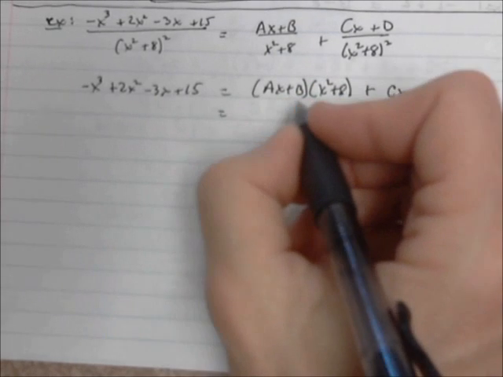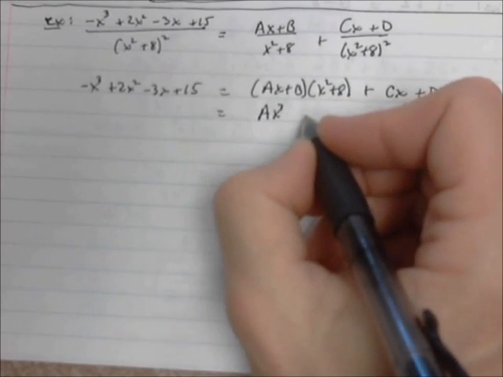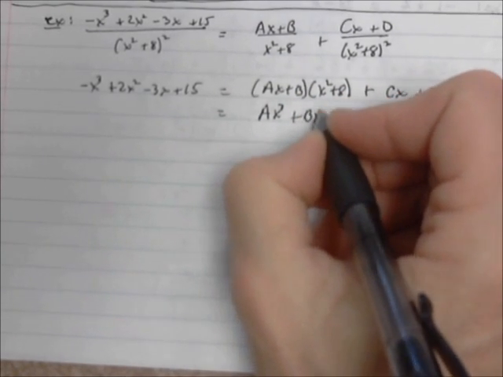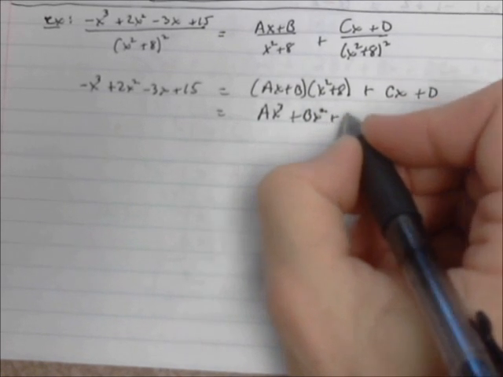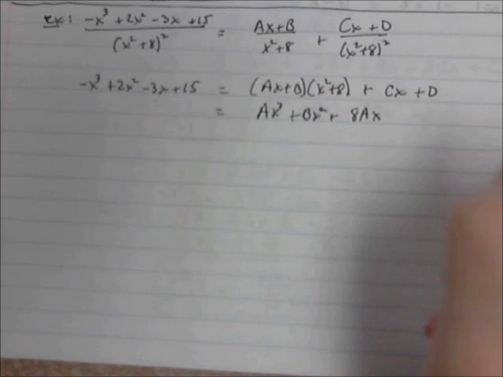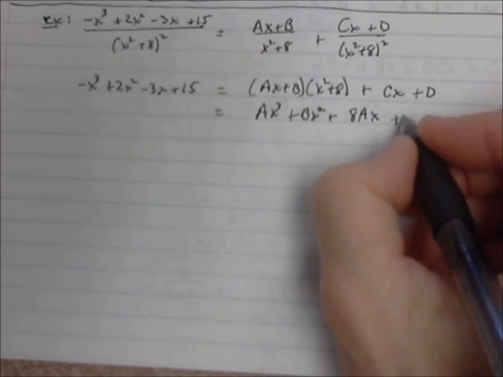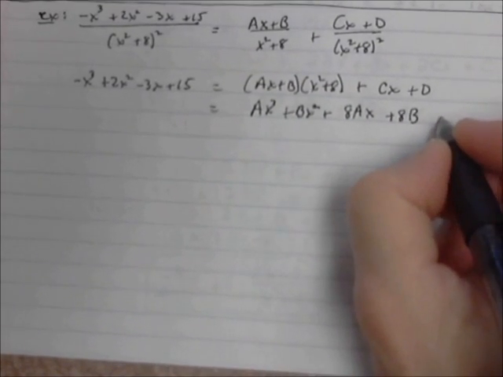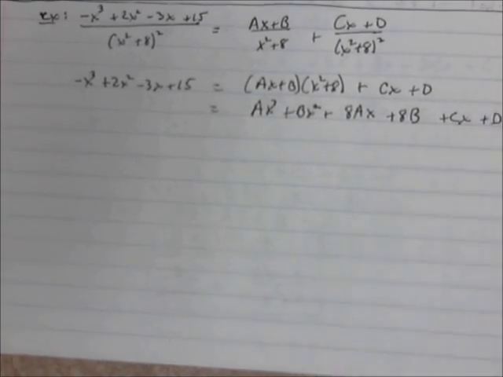And then we're going to FOIL these and get ax cubed plus bx squared plus 8ax plus 8b plus cx plus d.